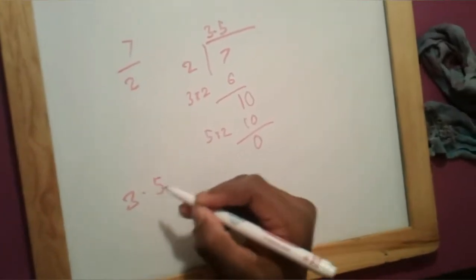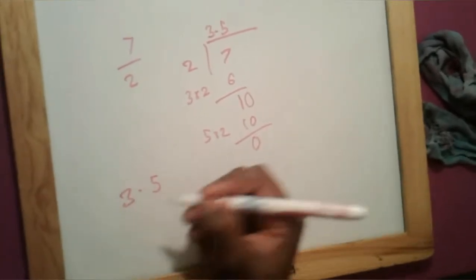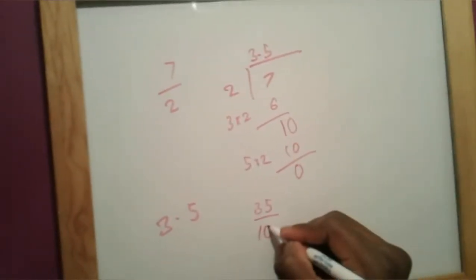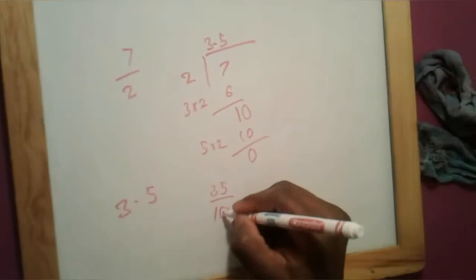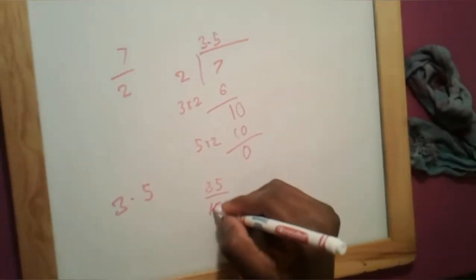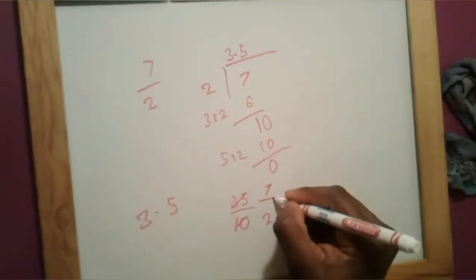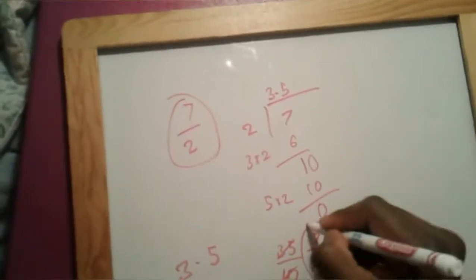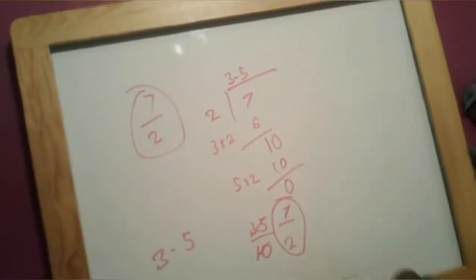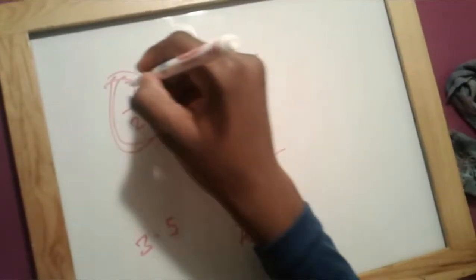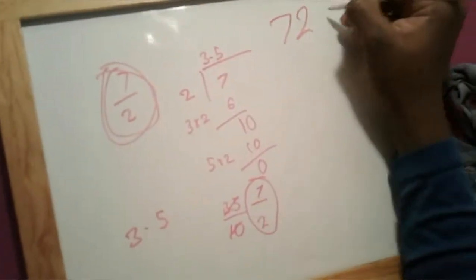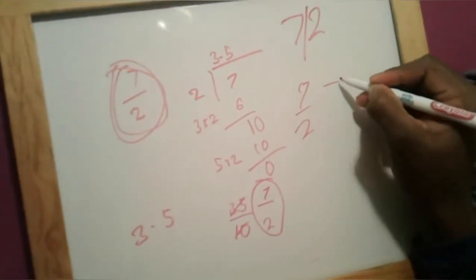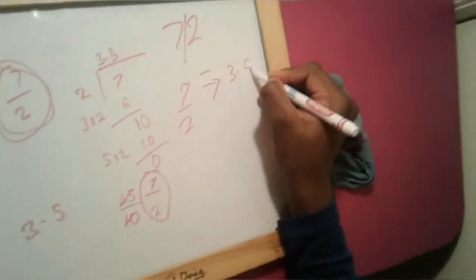So the answer will be 3.5, which is 35 out of 10. When you simplify by 5, it is 7 over 2. So 7 over 2 is equal to 3.5.